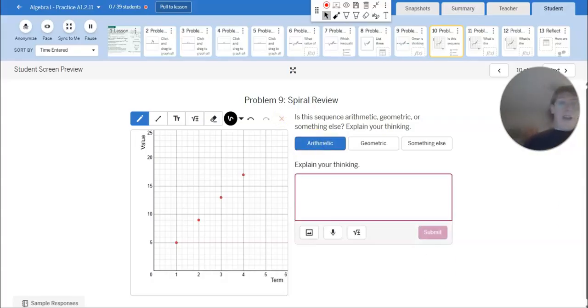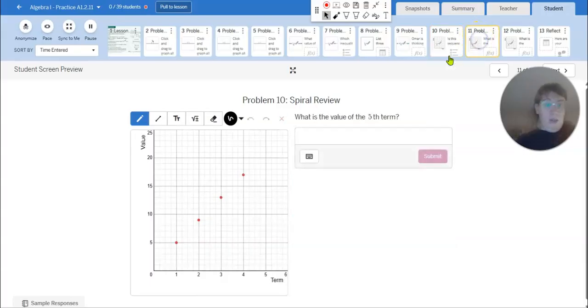We're increasing by the same amount by 4 each time, and we're seeing that linear function. So looking at that same graph here, what is the value of the 5th term? So, oh, this is a different graph. So our first term is 5. Our second term is 9. What is the 5th term going to be? Go ahead, take a moment, and make sure you're plugging that in.